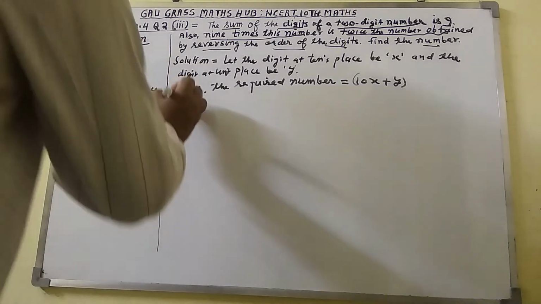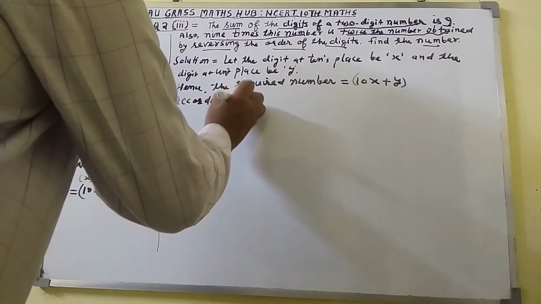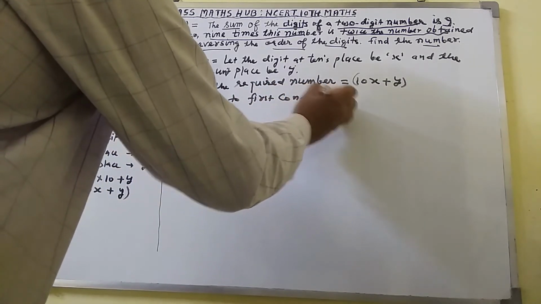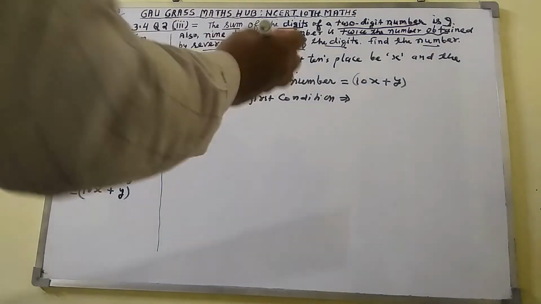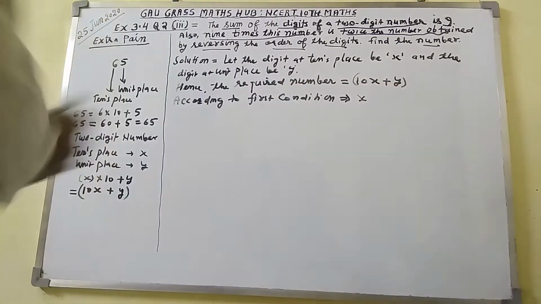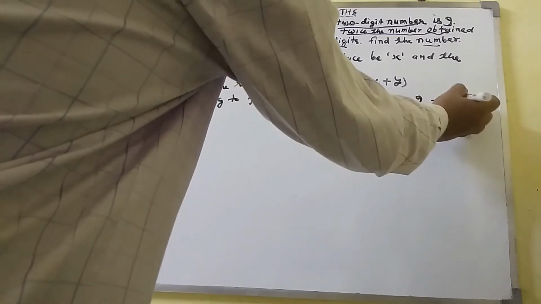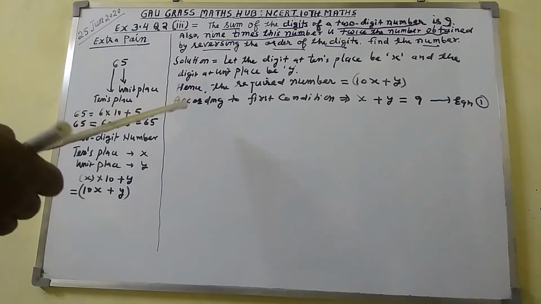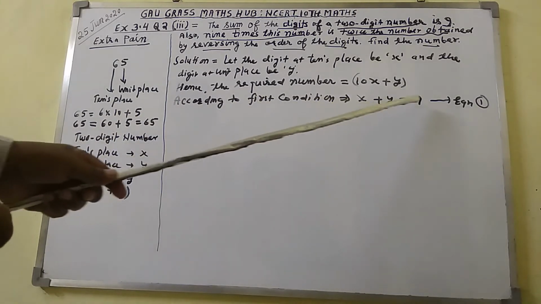This means that according to the first condition, the sum of the digits, x and y, will be added together and will be equal to 9. This is equation number 1. So according to the first condition, x plus y equals 9.